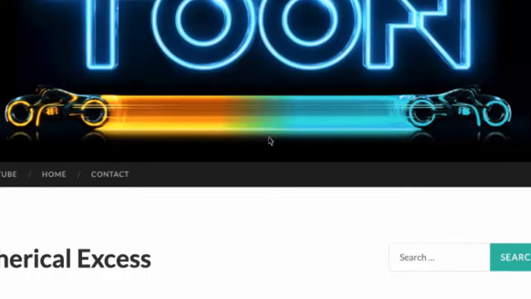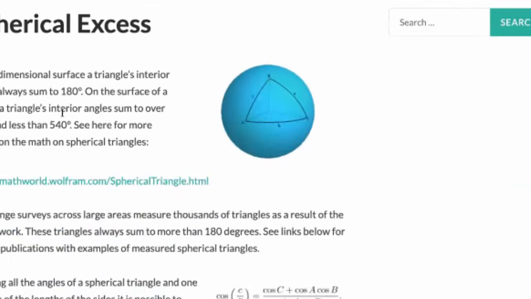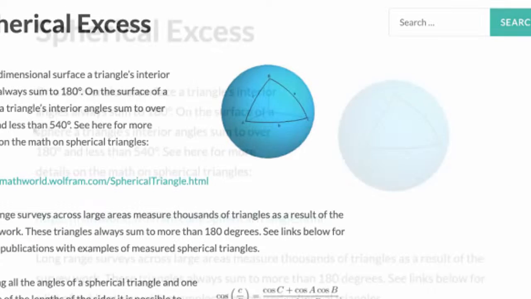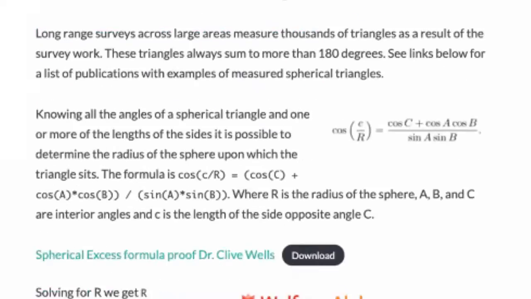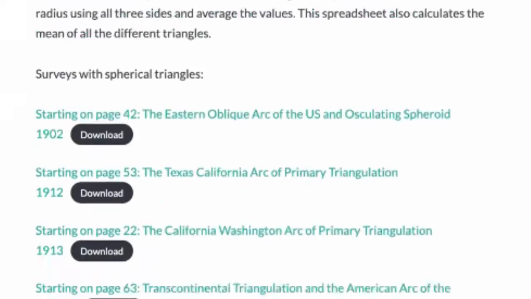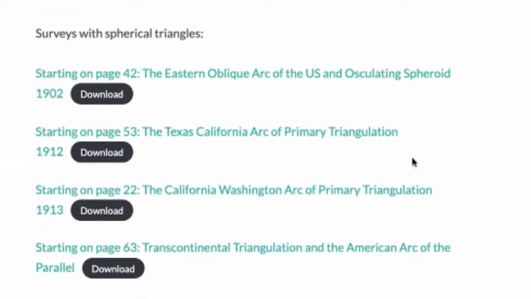So these things have been done. I have on my website at mctune.net/SE a whole bunch of information about spherical excess, including at the bottom here, 5 different very detailed surveys where the individual spherical excess measurements are included in them.